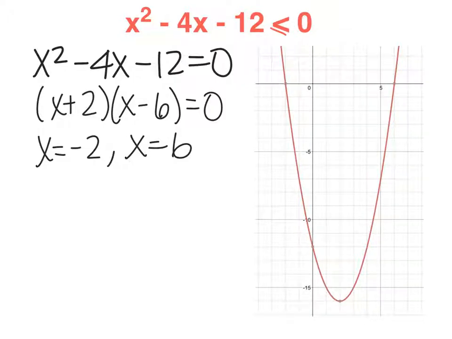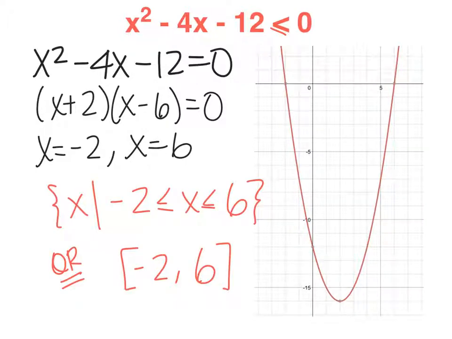If I remember from what I just learned in the previous slide, that means where it's going to fall below the x-axis, or where the y value is going to be negative. But this one includes 0. So I know that that's going to be true where x falls between -2 and 6 on the x-axis, and it's going to include those 2 points. That's using set builder notation, and I can also express it using interval notation with our brackets between the -2 and the 6.